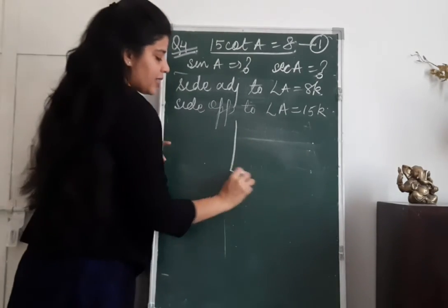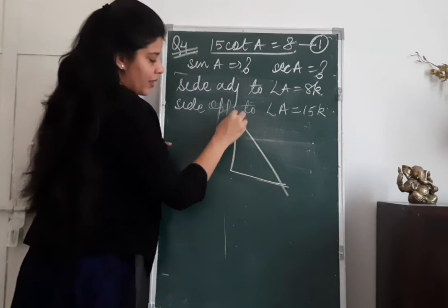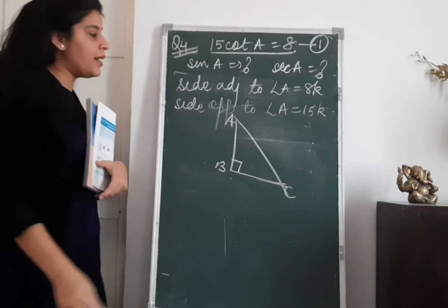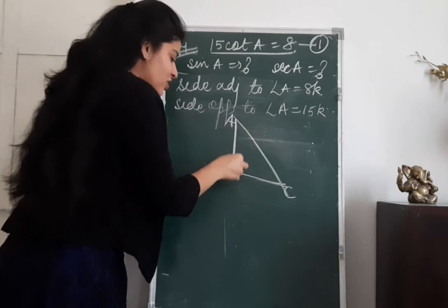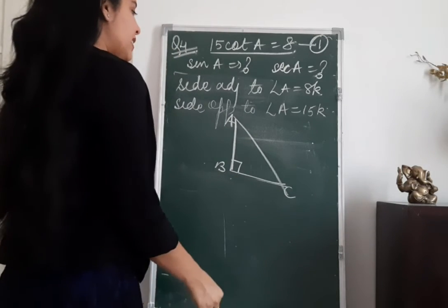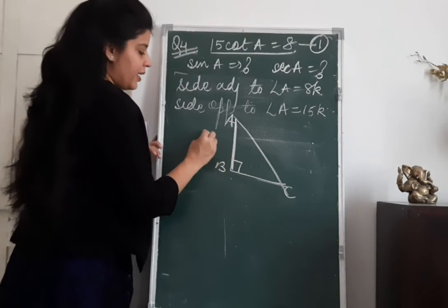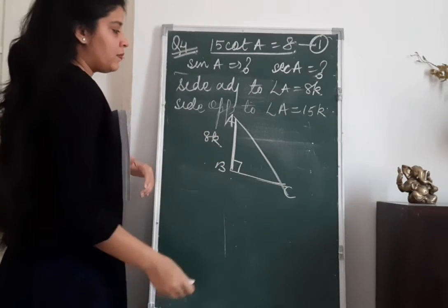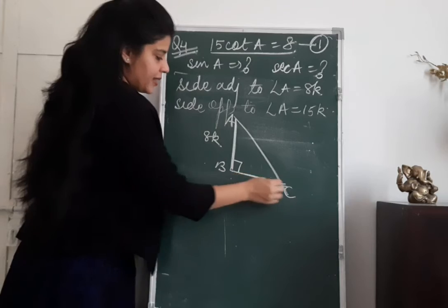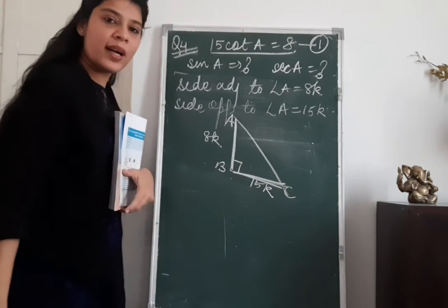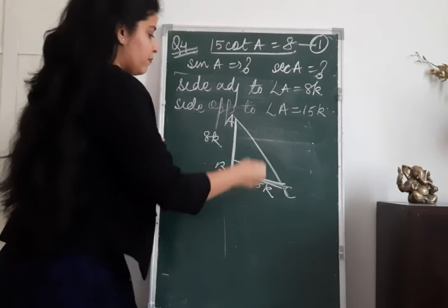Again, let's make a right angle triangle ABC, which is right angled at B. Now side adjacent to angle A is 8k. So can I say AB is 8k? Side opposite to angle A is 15k. So BC is what? 15k.